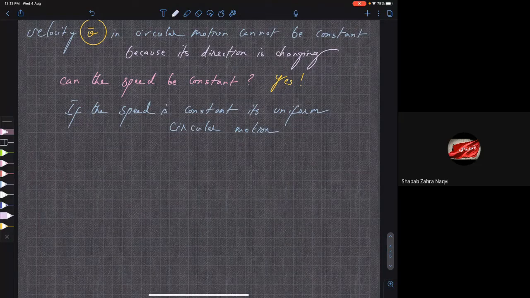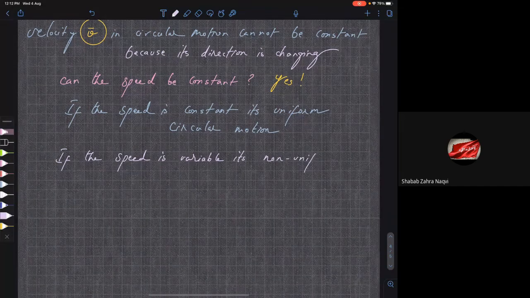If the speed is variable, it's non-uniform circular motion.